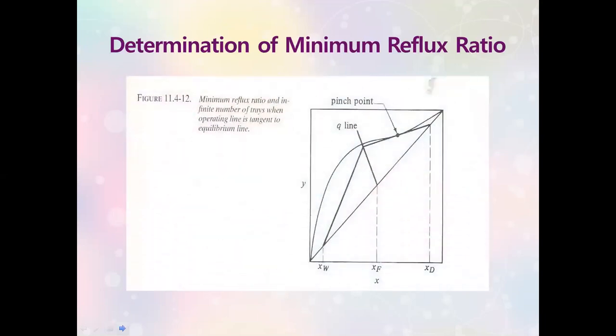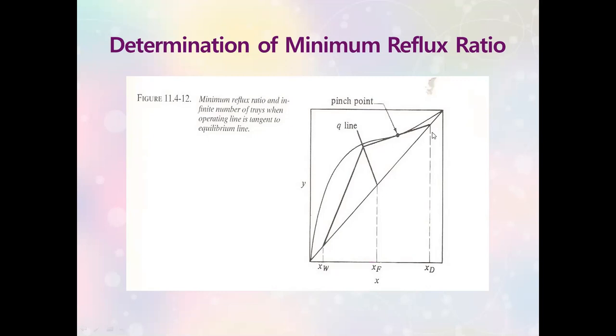Now, there are cases, but this is not common, wherein, let's say for example, you have drawn already your feed line, and your pinch point is supposed to be in here because this is where your feed line or your Q line intersected your equilibrium curve.